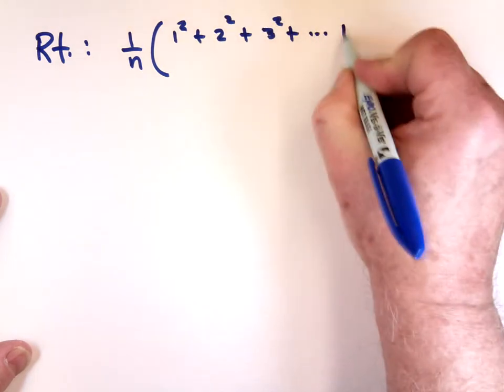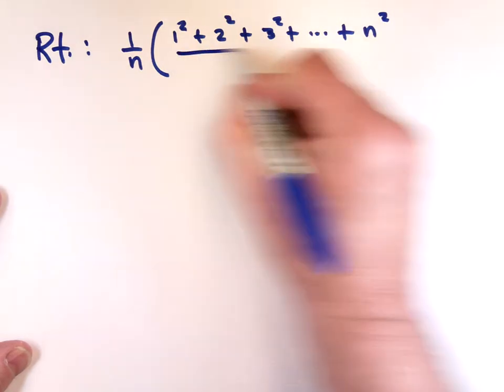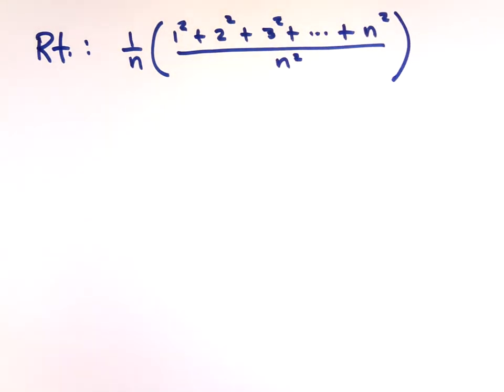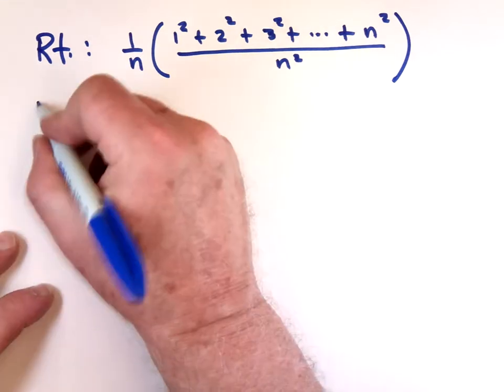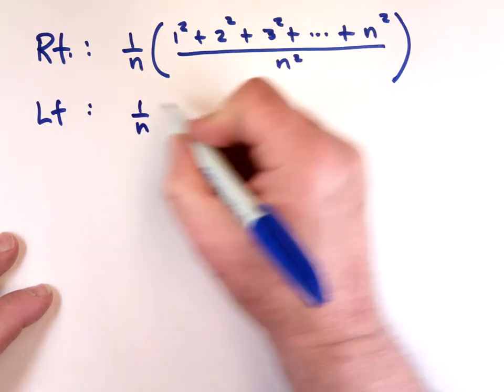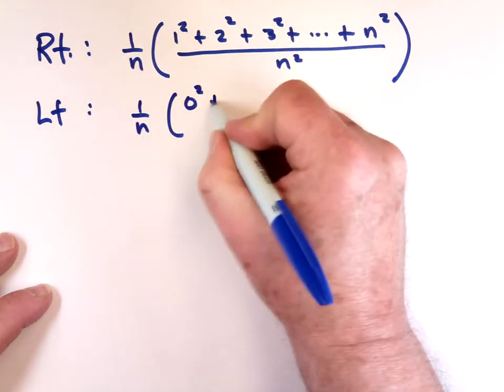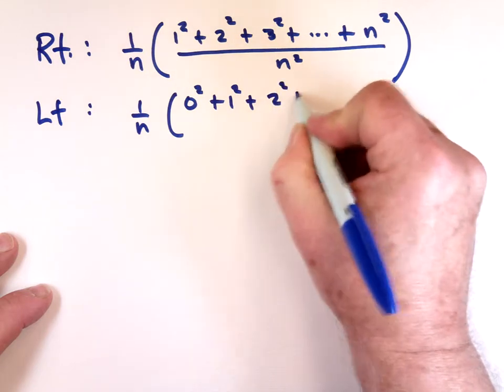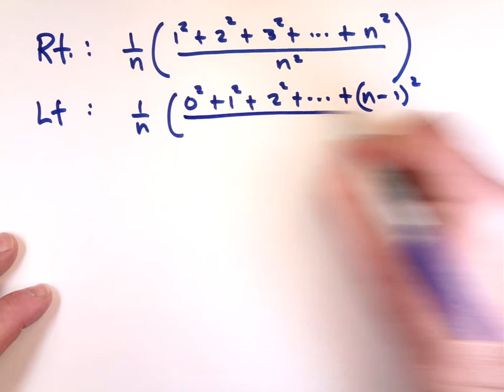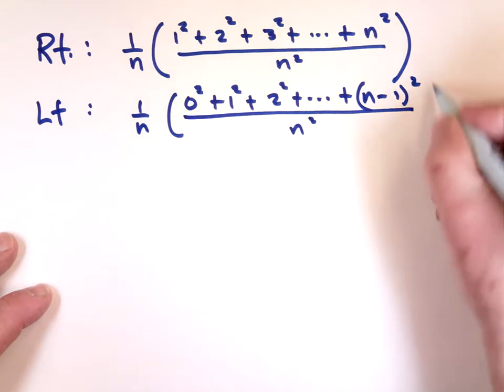It's all over n squared. And my left ones starts with 0. Okay, those are my approximations in terms of n.